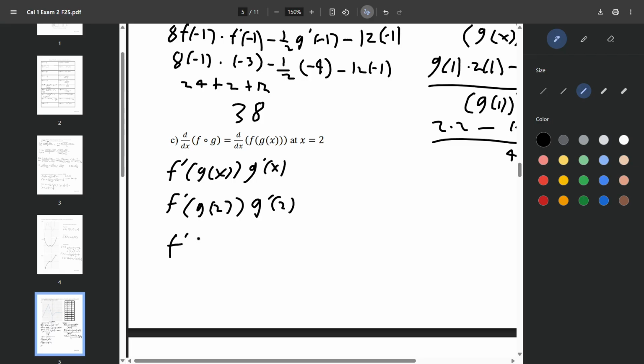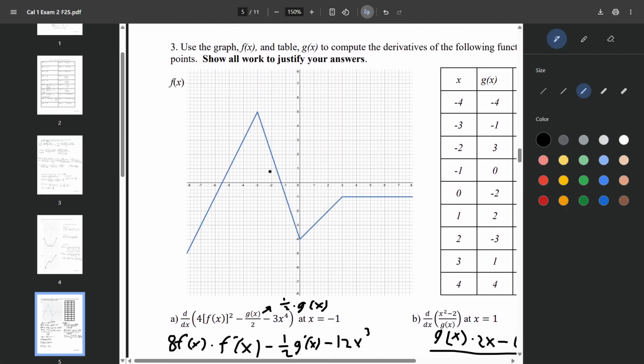So then we're left with f prime of negative 3 times 0. Now, we are left with a problem because at negative 3, as you can see, there is no derivative at x equals negative 3 for f of x, because our slope changes immediately from the left side to the right side in this part of the equation.